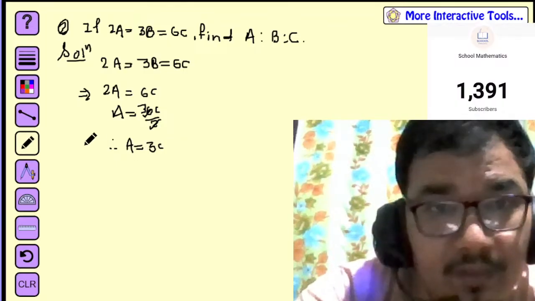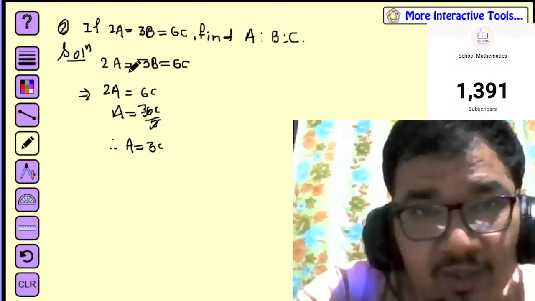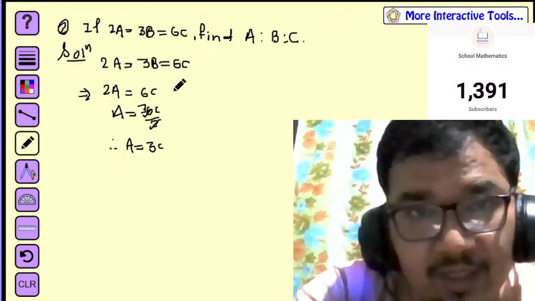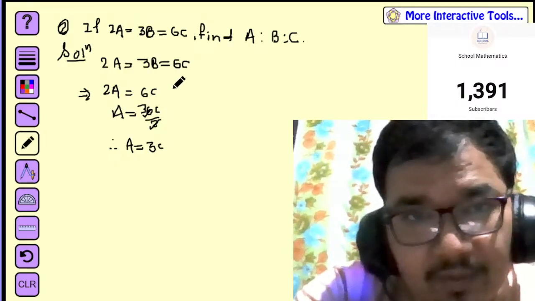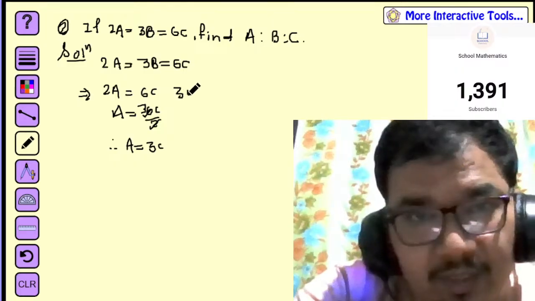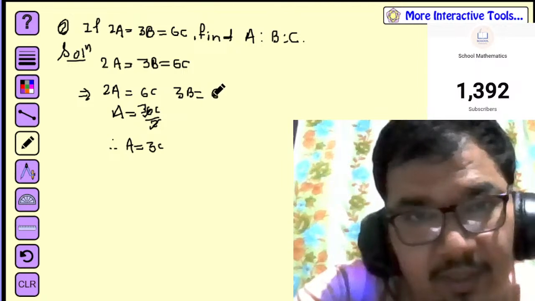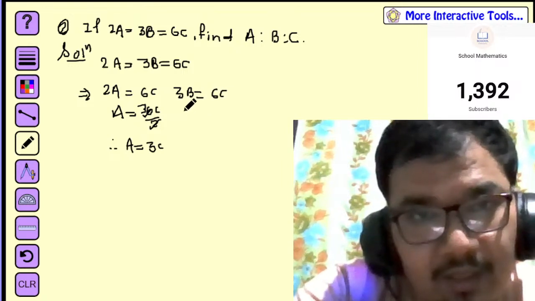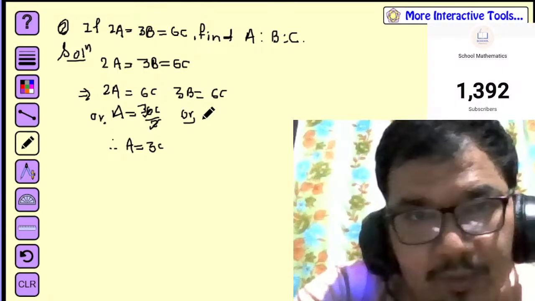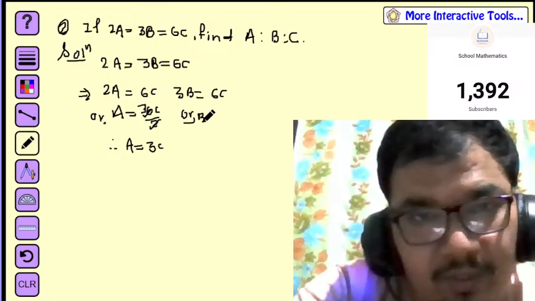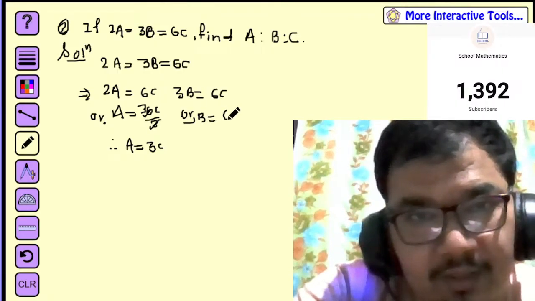Then from here we can find the value of b in terms of c. 3b equals 6c, they are equal. So b equals 6c by 3.